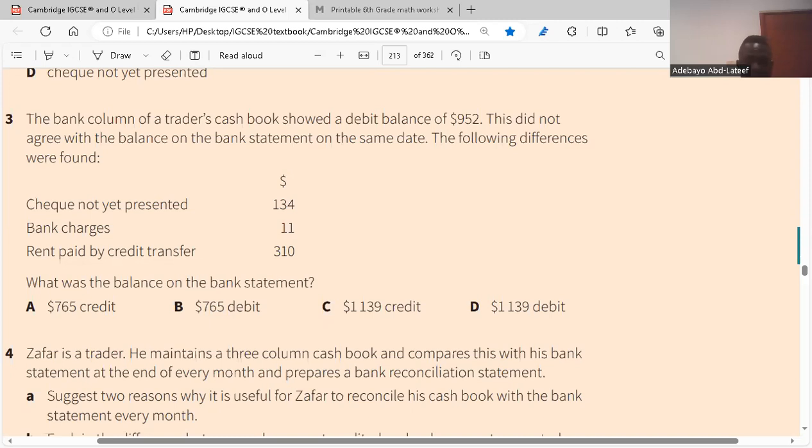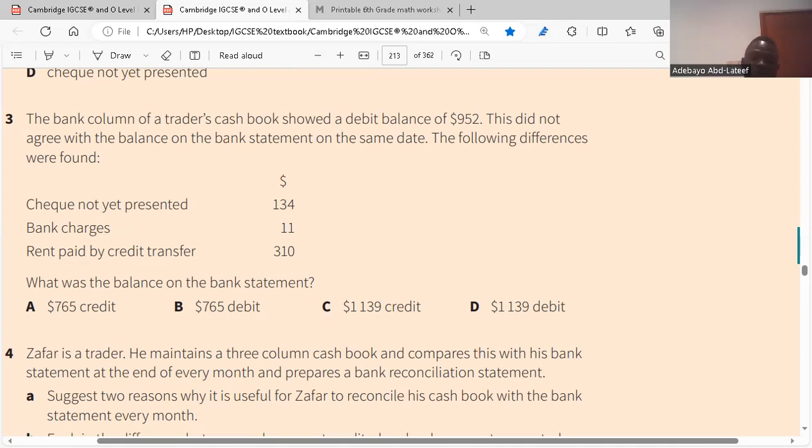952 plus check not yet presented. It's not yet presented, but it has been recorded. It has been taken away from the guy's account. So add. So we have 952 plus 134. That's 1086. Then there's bank charges, which should be a debit entry, minus 11, 1075.